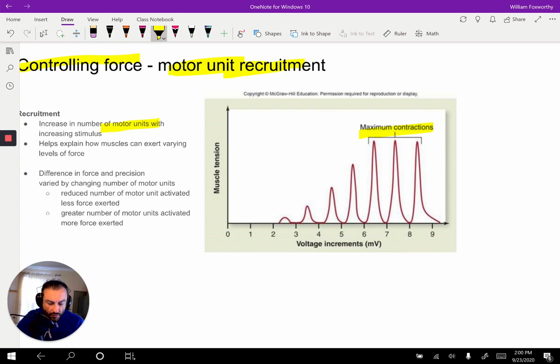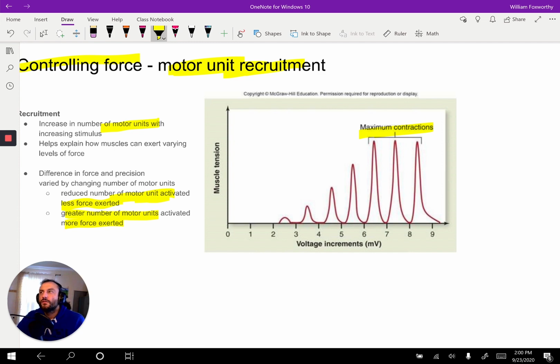If you have a few motor units getting activated, you're going to produce less force because that means fewer muscle filaments are contracting at any one time. You'll increase force by increasing the number of motor units that you're activating.